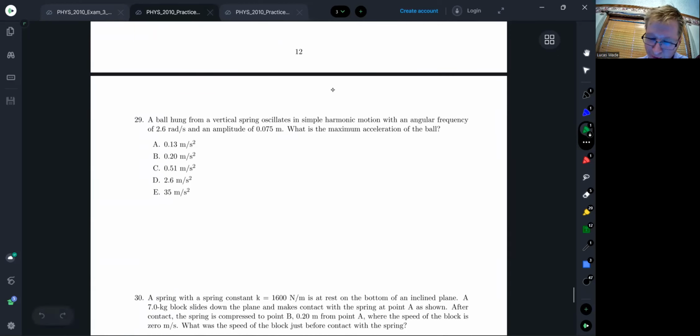So I'm not going to solve this problem yet. We can do that in a second, but just going to say that if we wanted to draw a free body diagram for this ball hung from this vertical spring, so it's saying we've got something like that, and a ball hung at the end.